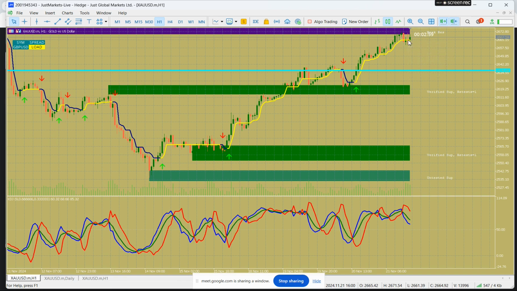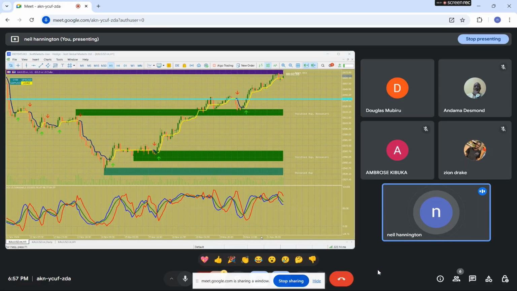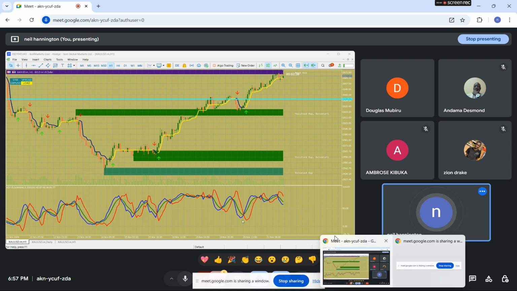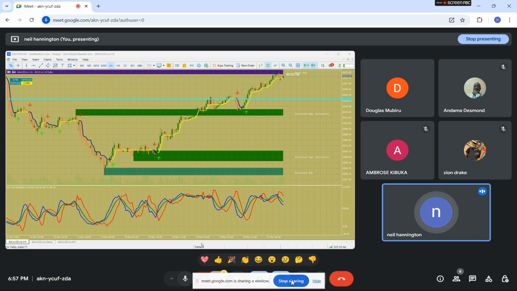That's when it is confirmed as strong resistance, and then selling opportunities can be taken maybe later in the future when the market comes back in that area. So support and resistance is just as simple as that.